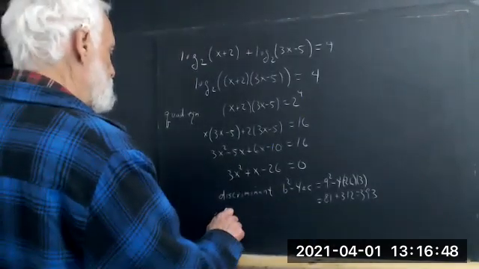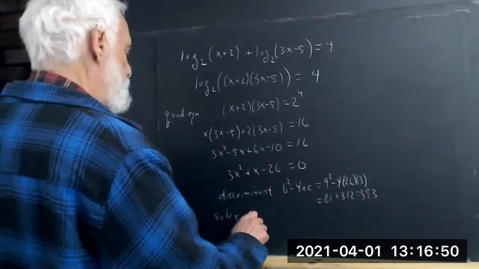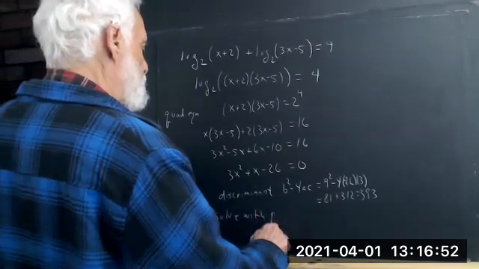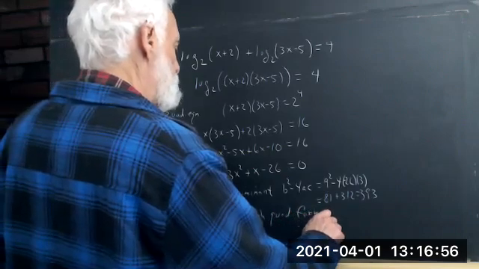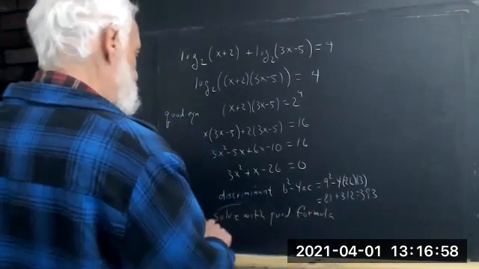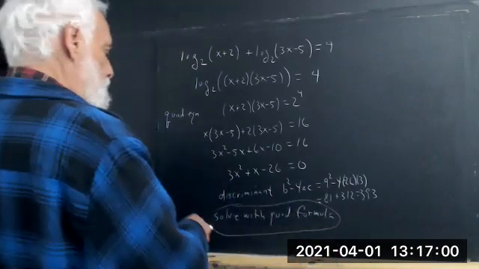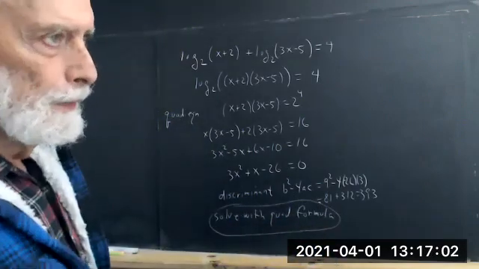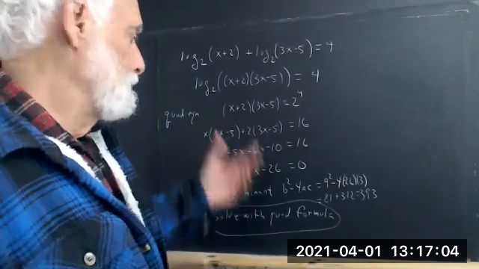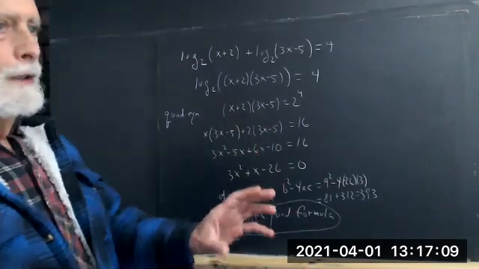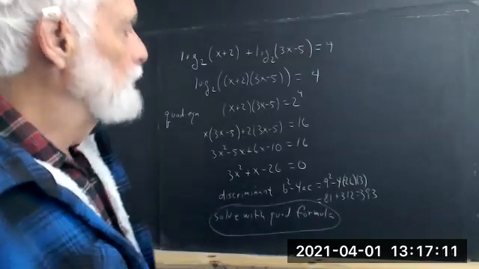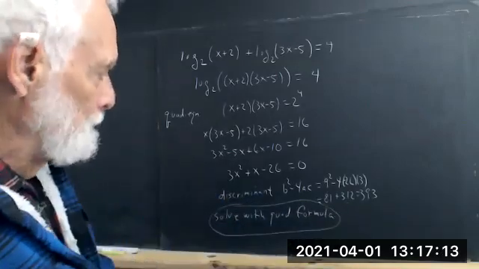I'm not going to waste time here with something that should be second nature. Plug these a, b, and c into the quadratic formula, and you get your solutions in terms of a square root of 393.